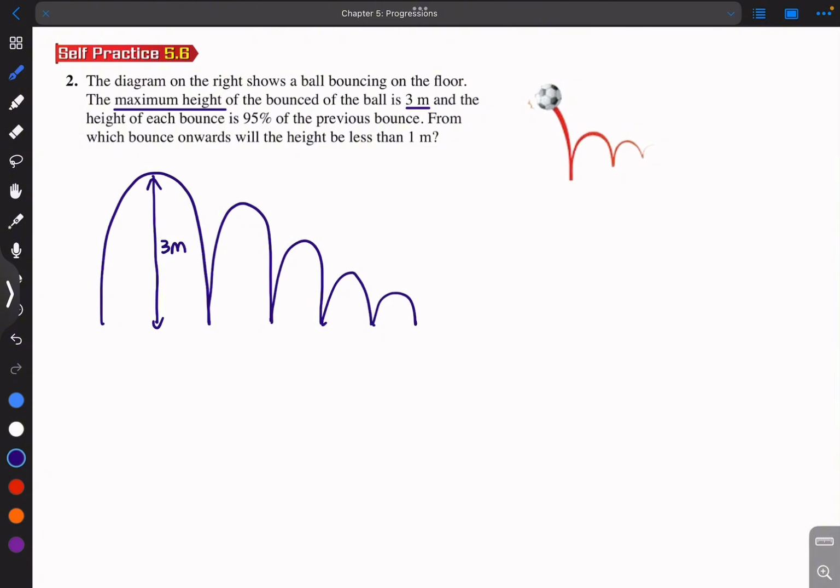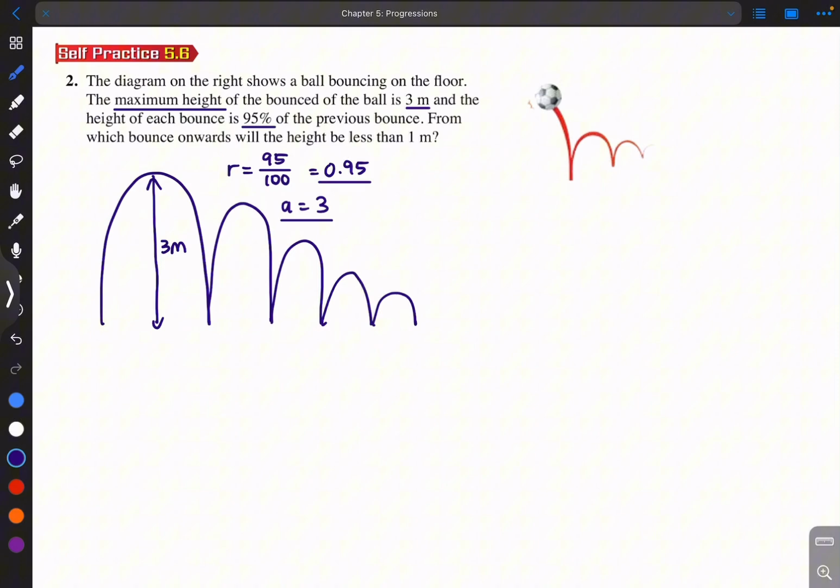So if they say 95%, that means our R will be 95 over 100, which is 0.95. And these 3 meters will be our A. So we can say A is 3 meters and R is 0.95.